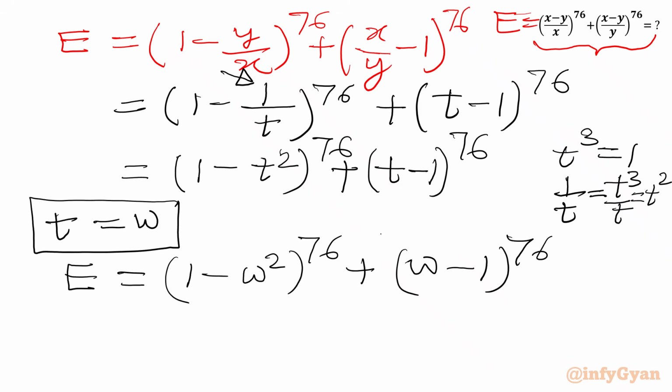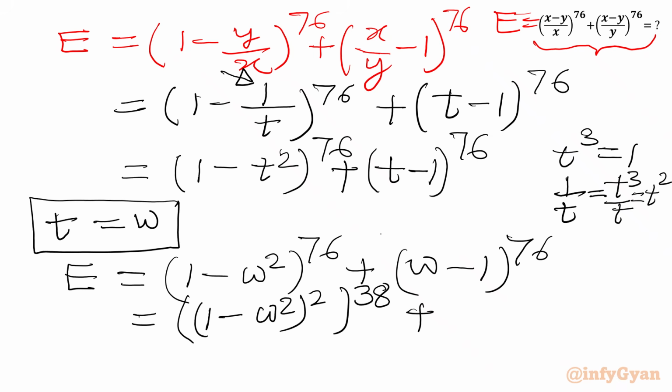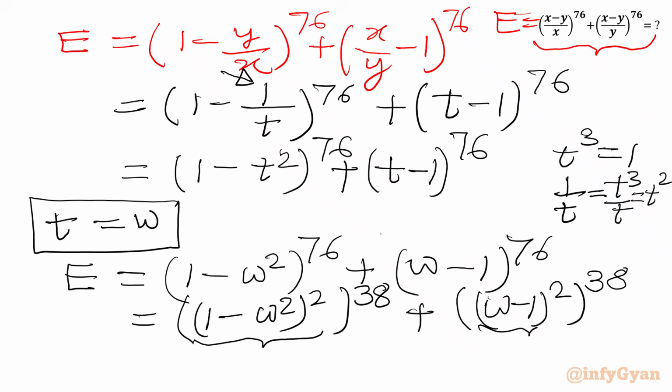Now we will factor 76 as 2 times 38. So I can write 1 minus omega square whole square and then we'll put whole power 38, plus omega minus 1 whole square and then we'll put whole power 38. Now we will use the a minus b whole square formula over here.